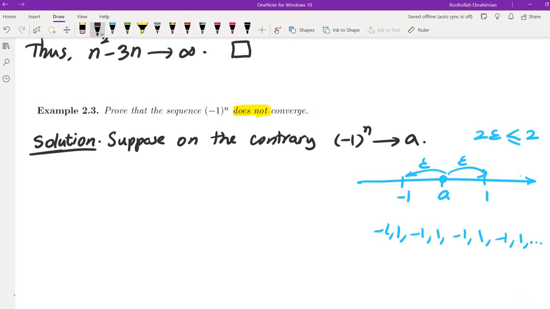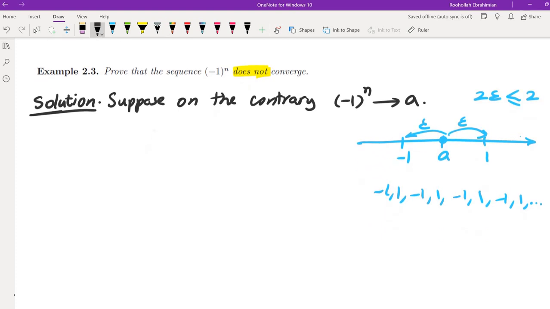If you take your epsilon to be, say, 1, you would have a problem, or 1/2, or something less than or equal to 1. So, I'm going to do exactly that. So let epsilon be 1 in the definition of limit.